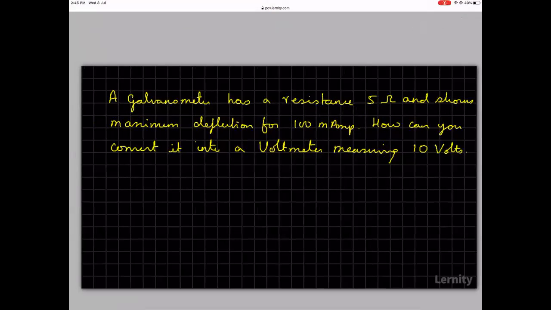Whether you require or not, whether it is asked or not, please draw a diagram and then work with it.